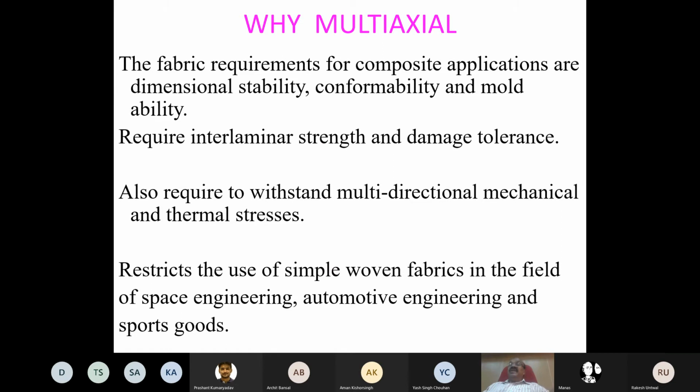Before we discuss multi-axial technology, we must convince ourselves first what is the motivation to produce multi-axial fabric. We need some fabric, particularly for making composite materials. The fabric needs dimensional stability, conformability, and moldability.